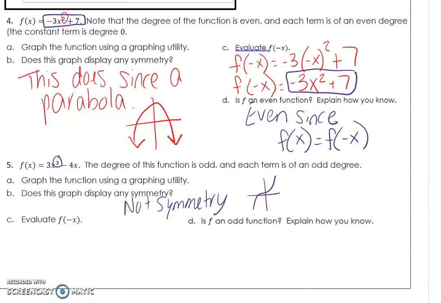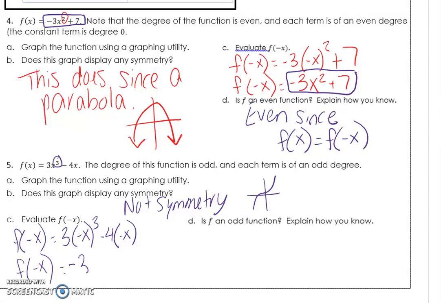And if we evaluate f of negative x, negative x cubed is negative x cubed, so this would turn into a negative 3x cubed. Negative 4 times negative x is a positive 4x.